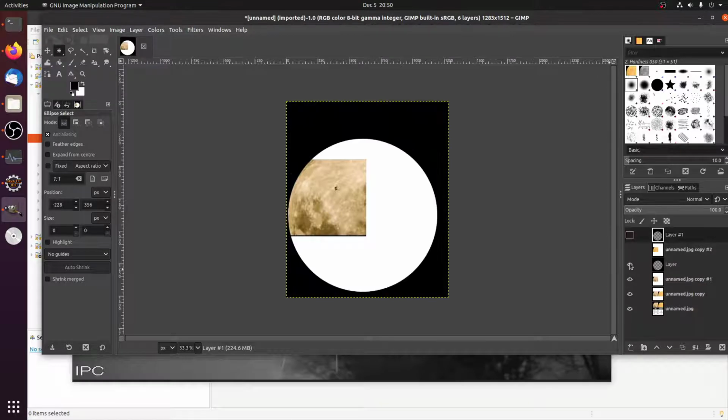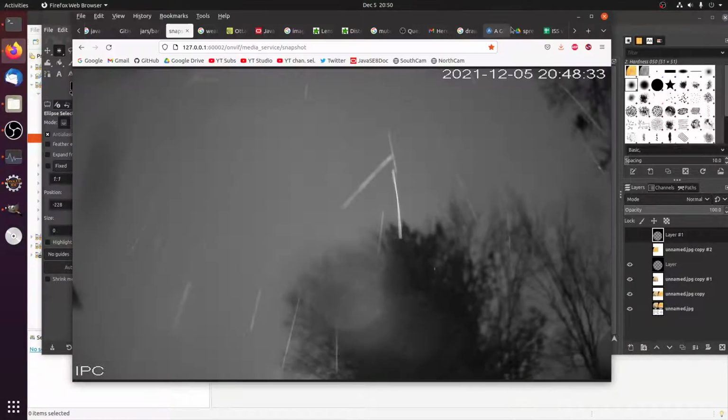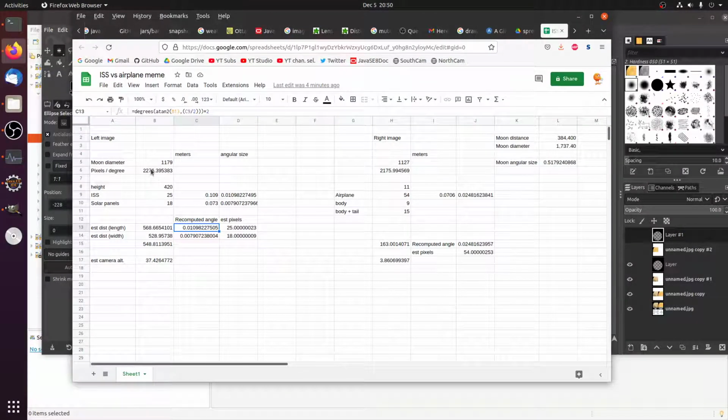This is a reasonably good fit that I could make of it. Took the entire measurement and registered 1,179 pixels.